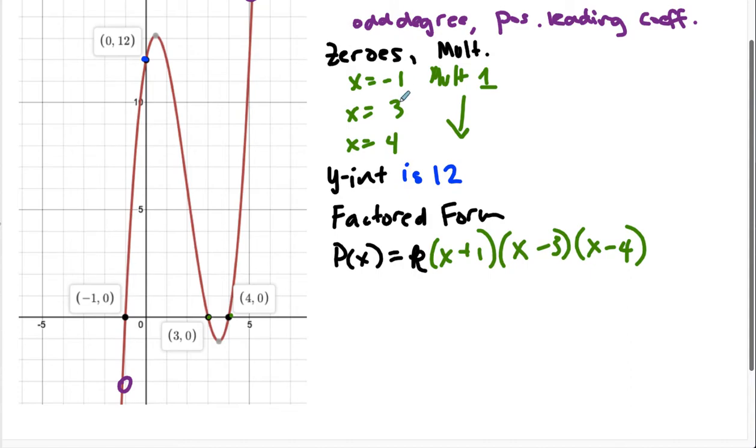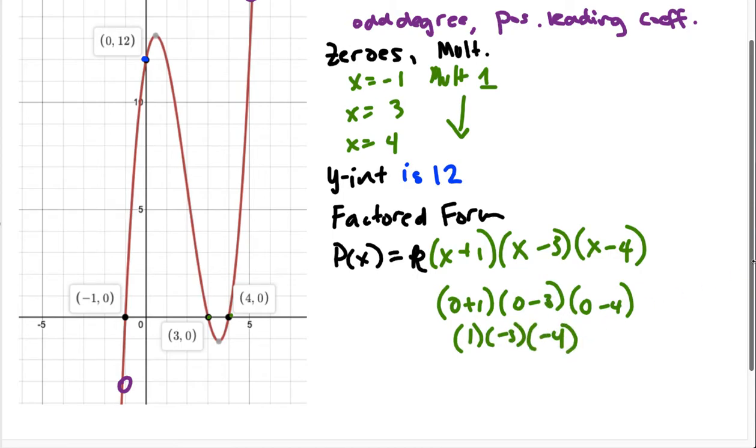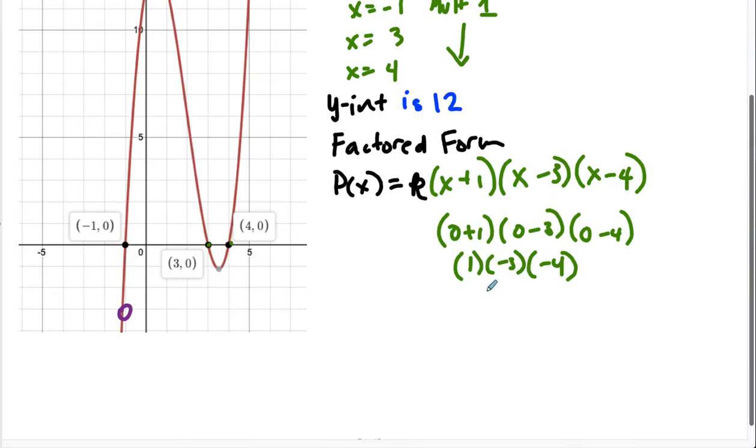In order for me to get my y-intercept, I must plug in zero for x. So this is going to be 0 plus 1, 0 minus 3, and 0 minus 4. So 0 plus 1 is 1, 0 minus 3 is -3, and 0 minus 4 is -4. Altogether, when I multiply this, it should come out to be +12.